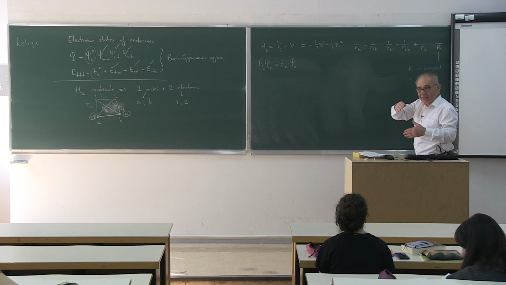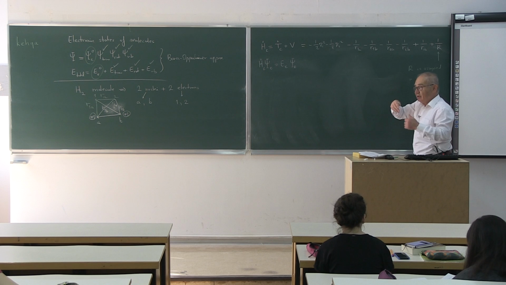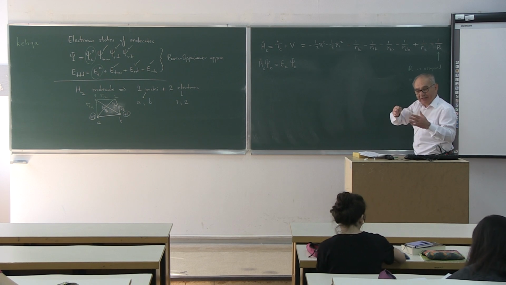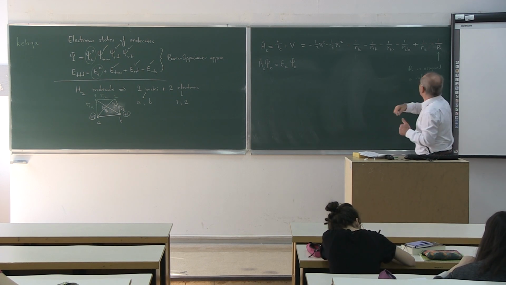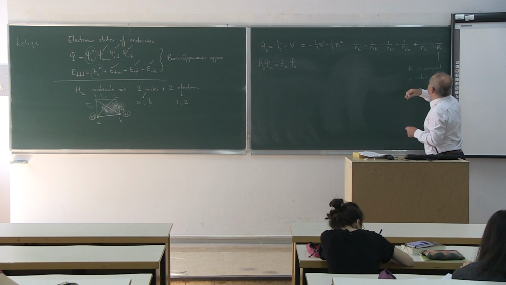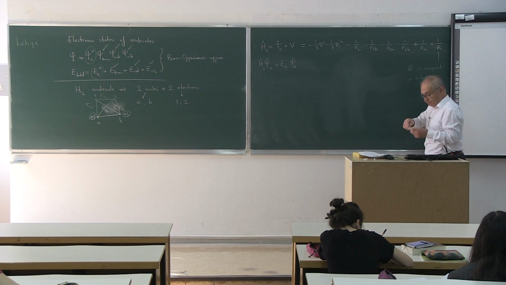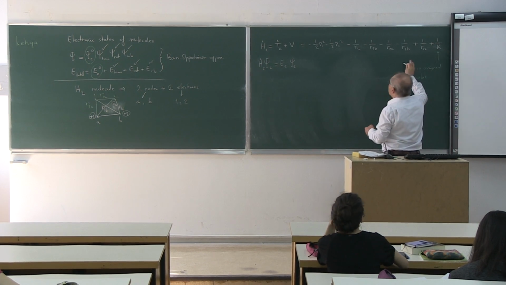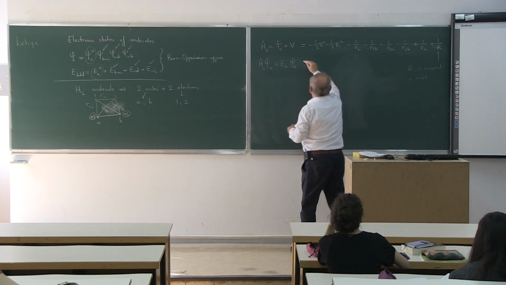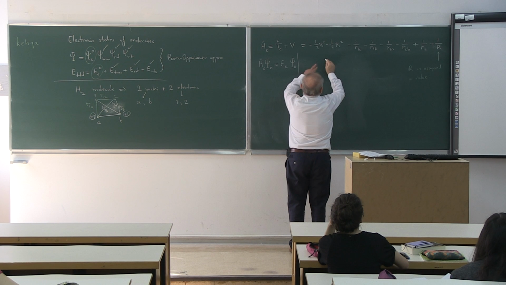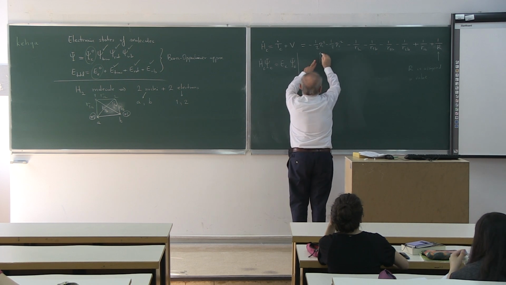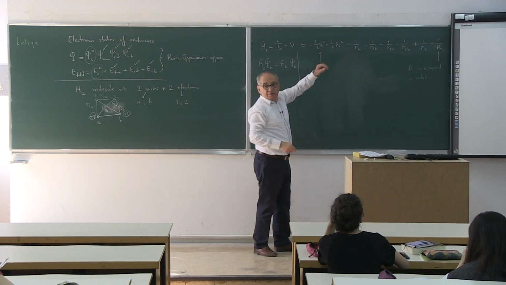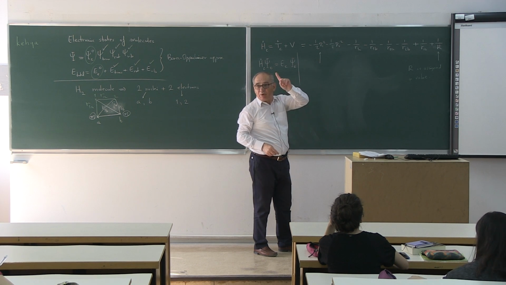Electrons are moving. In other words, they are in dynamic motion. Now, this term contains variables of electron 1 only.